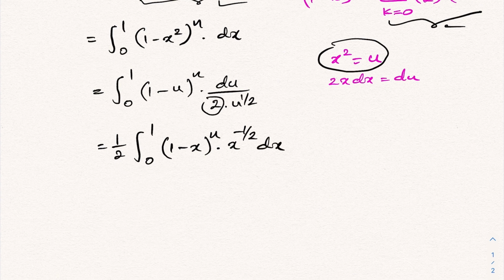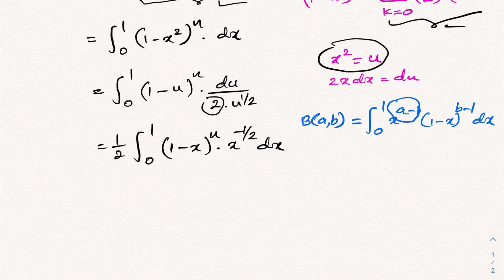Okay, then we know about the beta function. Beta(a, b) is equal to the integral from 0 to 1 of x^(a-1) times (1 - x)^(b-1) dx. Well, now here we have x^(a-1) and here x^(-1/2), so a - 1 is equal to -1/2, therefore a is equal to 1 - 1/2, so we have 1/2.